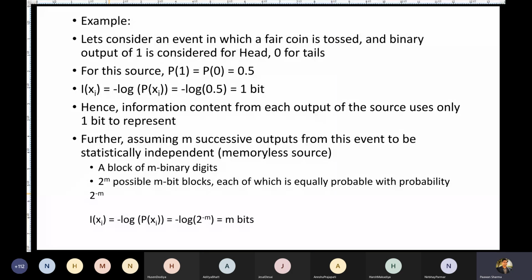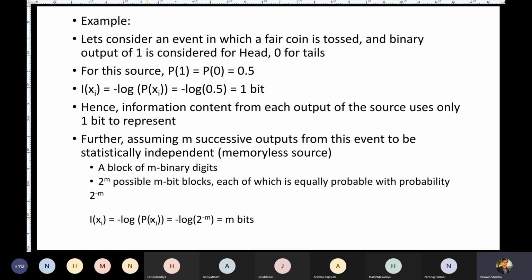If there are a total of 3 events happening in succession, either it can be 0 0 0, it can be 0 1 1, it can be 1 0 0, etc. So how many values can it take? 2 to the power 3. A total of 8 possible combinations for m successive events. So when you have m successive events and you're observing the output with regards to this event, what is the information content?